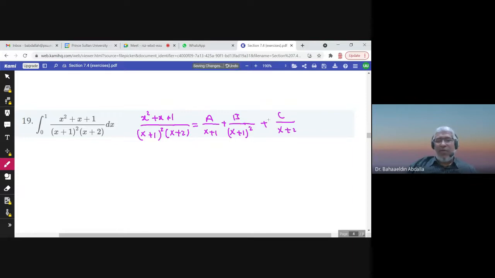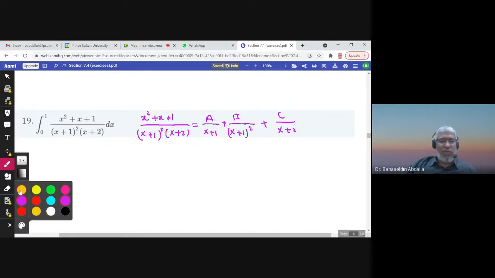And I can find b and c because I have x plus 1 squared here and x plus 2 here. So I can find b by canceling this and replacing x by negative 1. So I'll have 1 in the numerator. Negative 1 plus 2 is also 1. So b is 1.